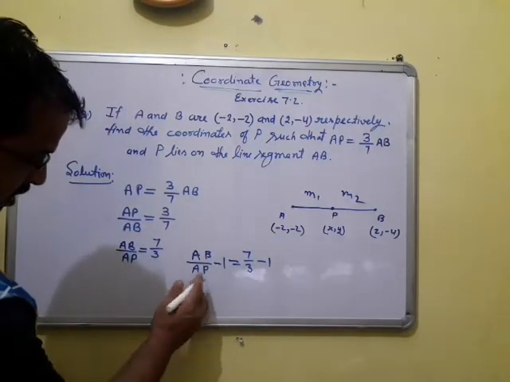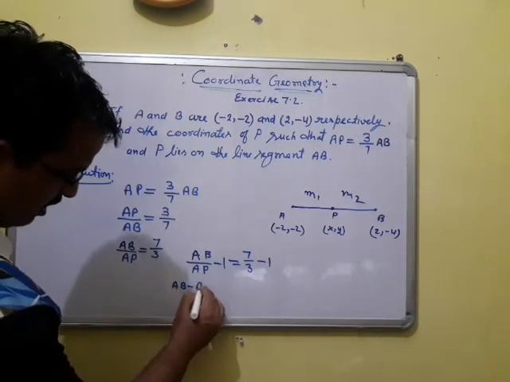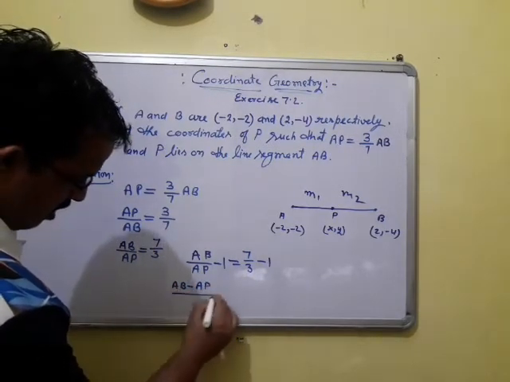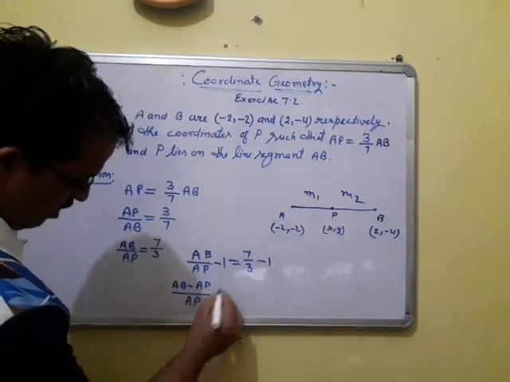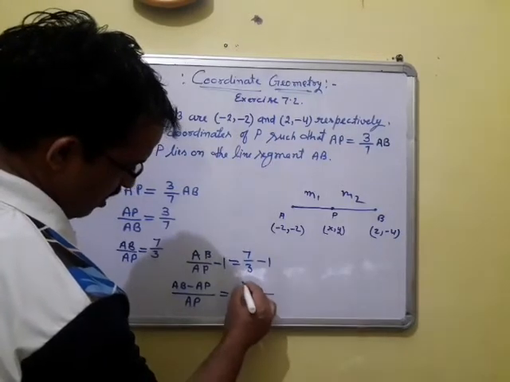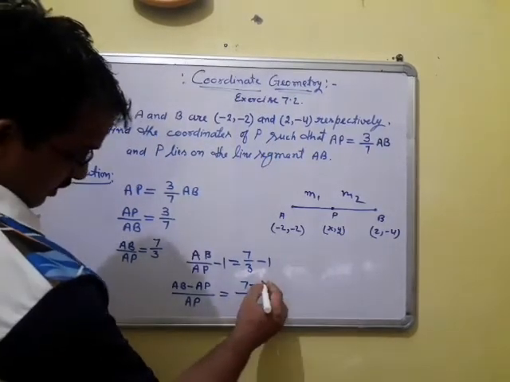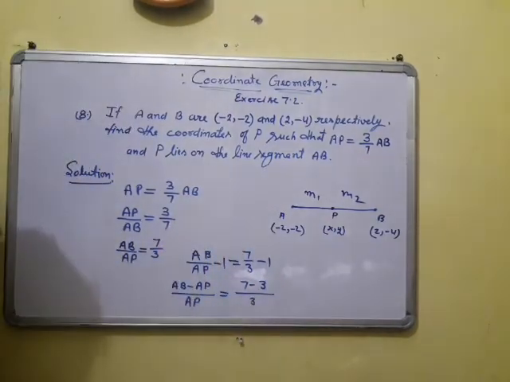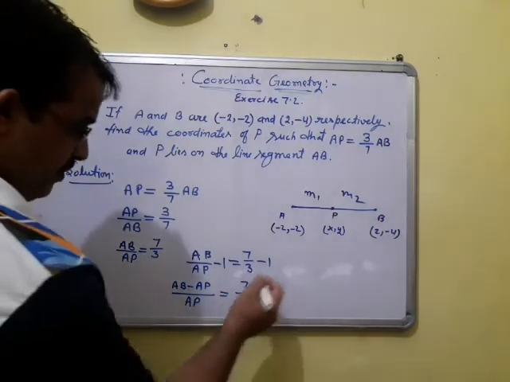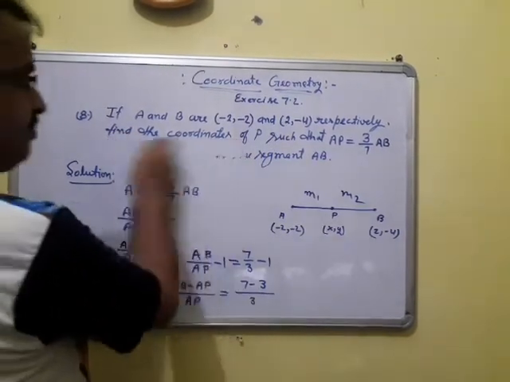Here is AB minus AP upon AP. So this one is right. Here the LCM is 3, 7 minus 3. Clear? So what do we get here?